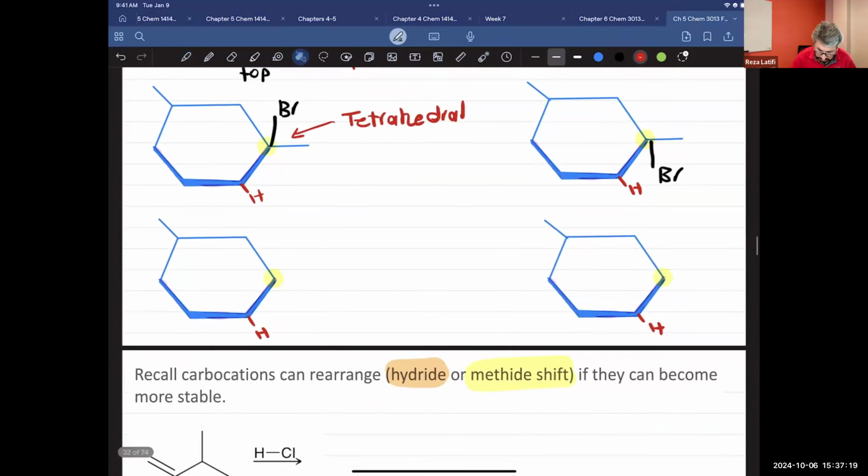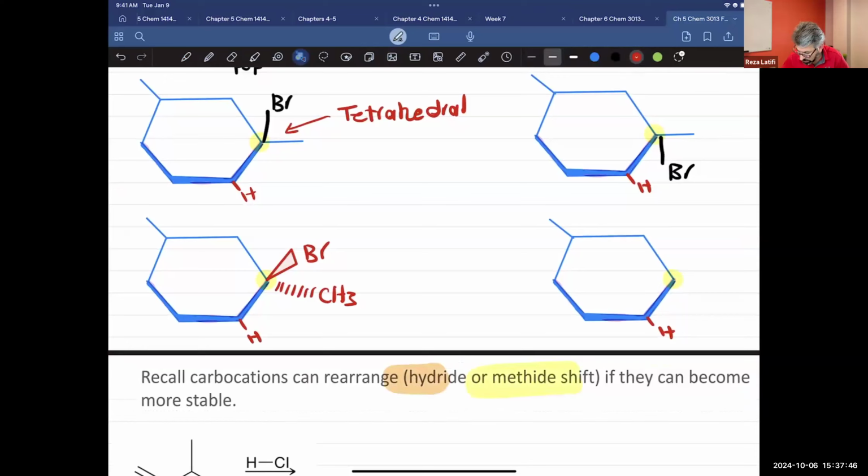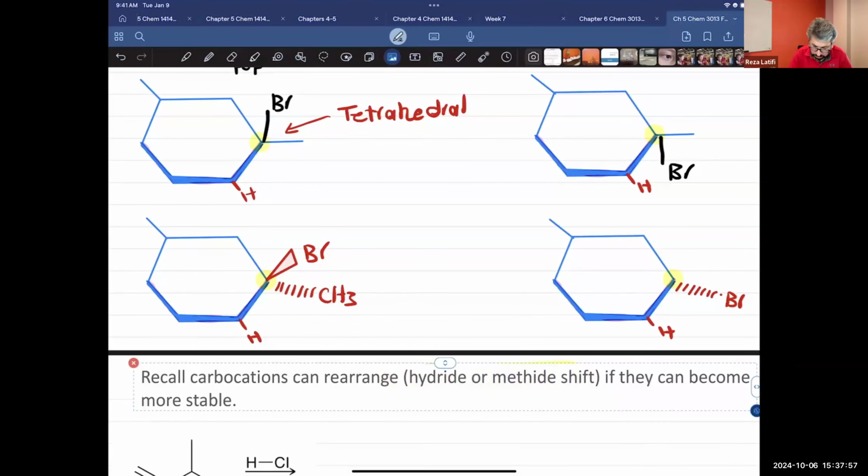So bromide will be pointing up, while the methyl will be down. This is going to be CH3. This one is bromide. If you add it from the bottom, bromide will be down. Forgive me, my bad, it will be here. This is going to be a bromide, and methyl this time.